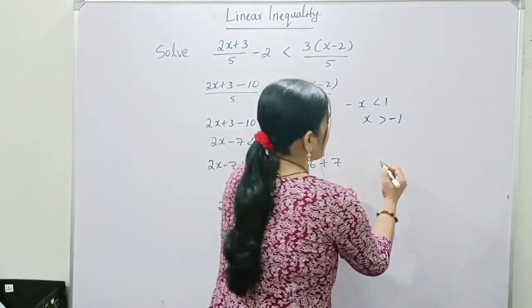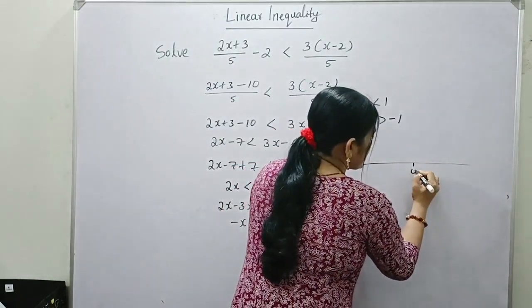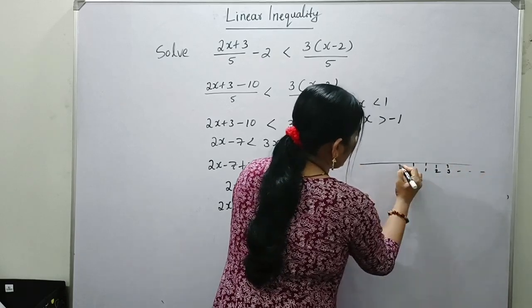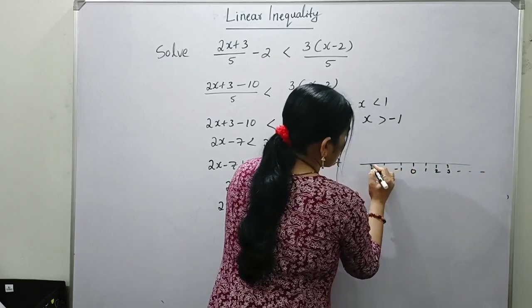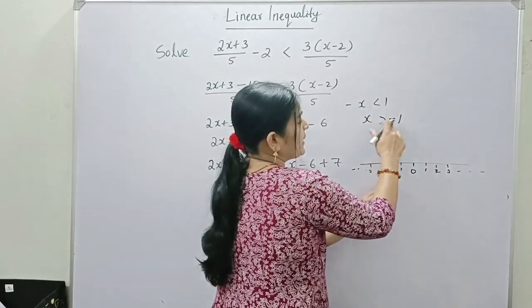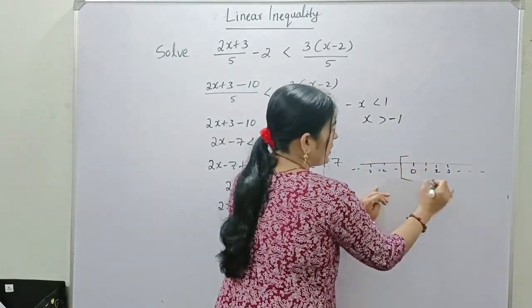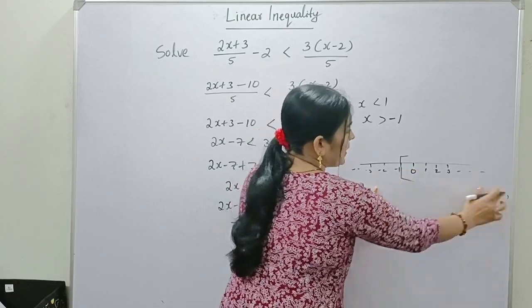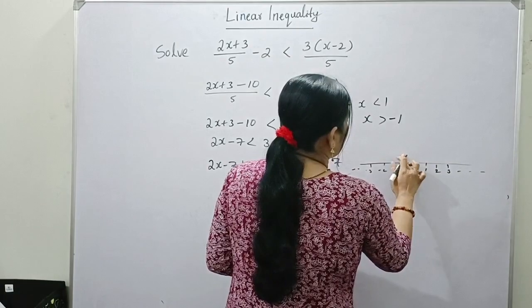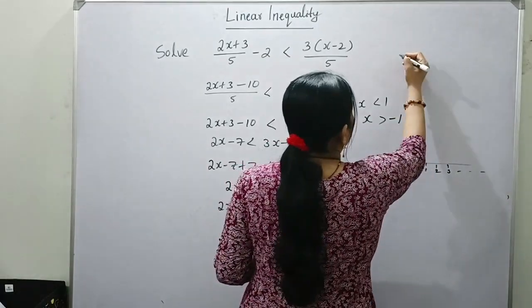X greater than minus 1. In number line 0, 1, 2, 3, etc. Minus 1, minus 2, minus 3, etc. Here x greater than minus 1. So how to write?